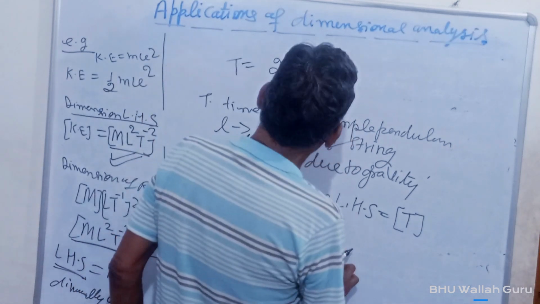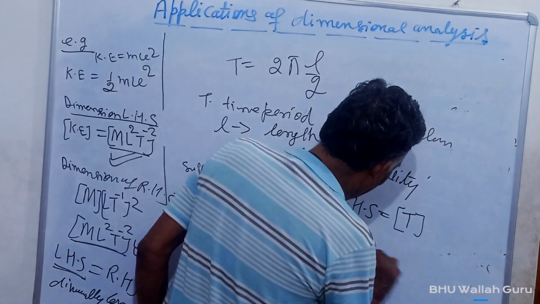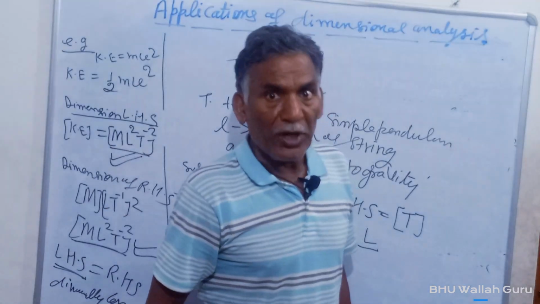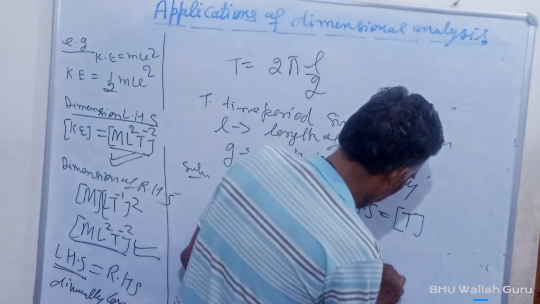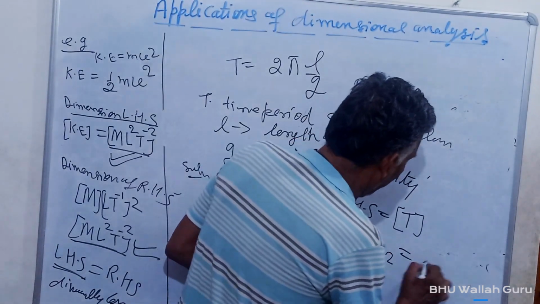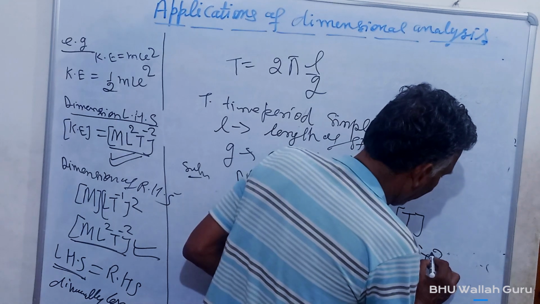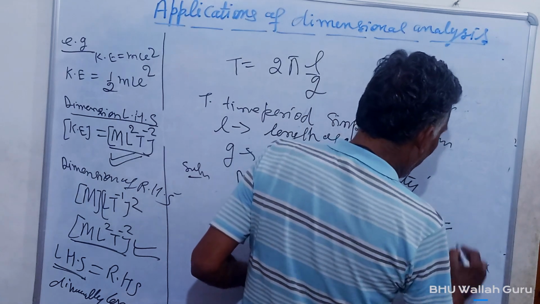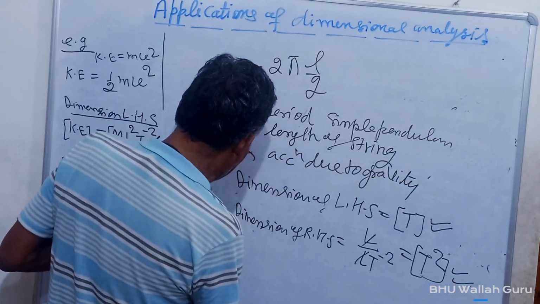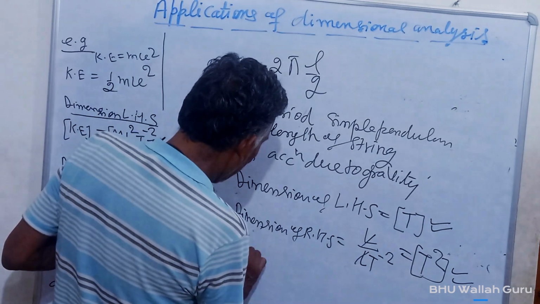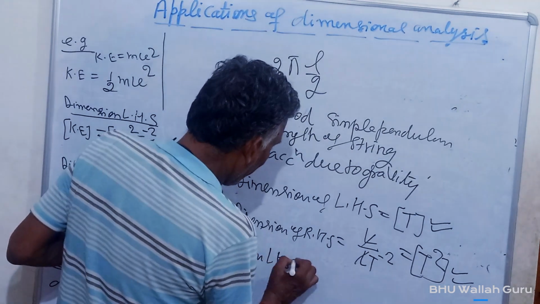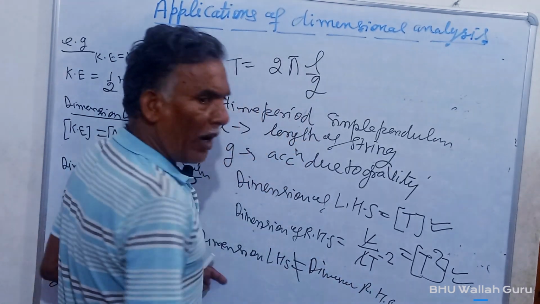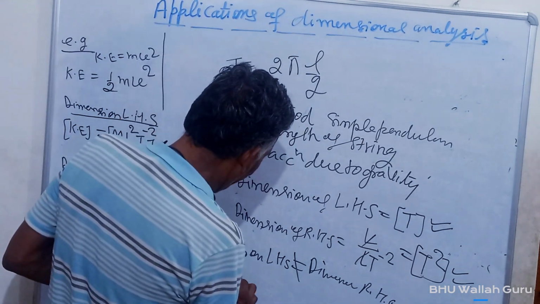So for the right hand side, the dimension of length over acceleration due to gravity, which is L T to the power minus 2. L cancels out, leaving T squared. Here we see that the dimension of the left hand side is not equal to the dimension of the right hand side. So the formula is dimensionally wrong.